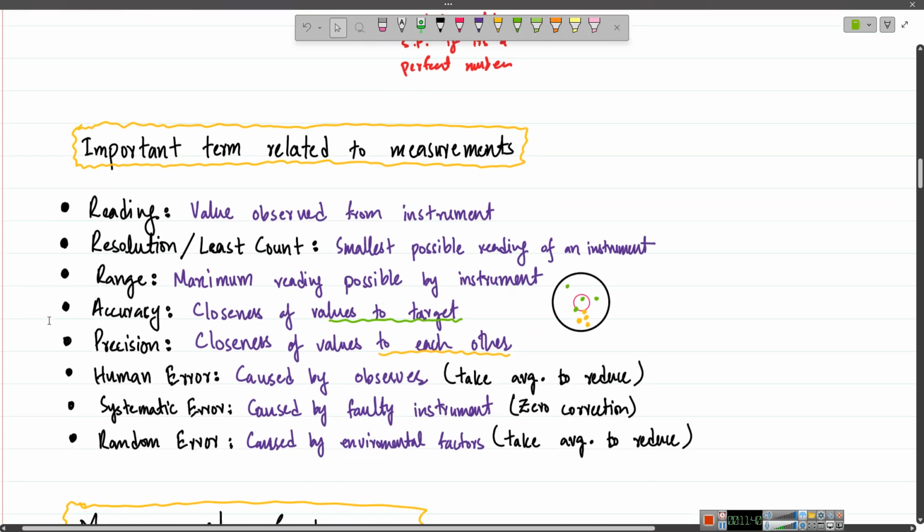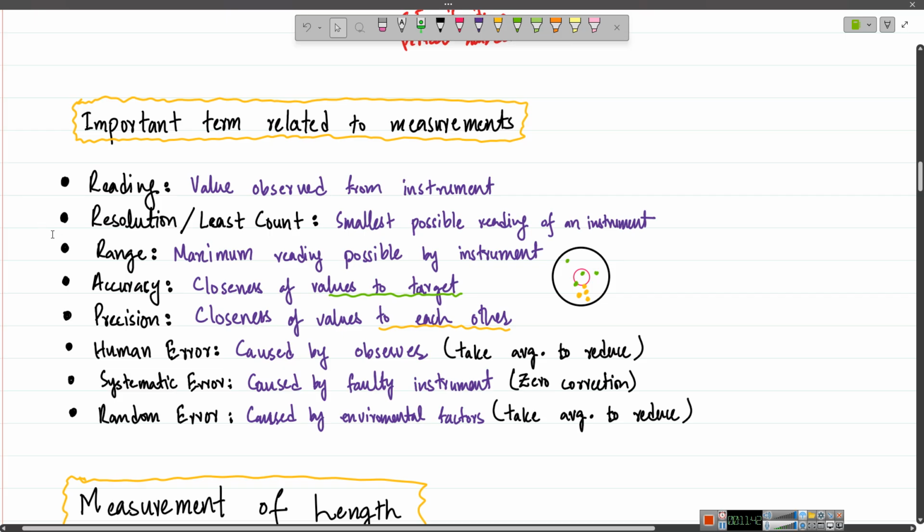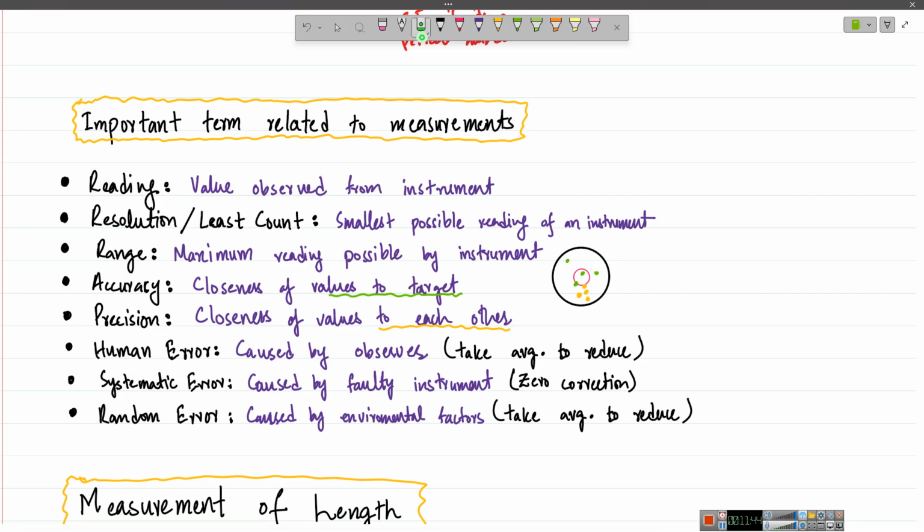I'm going to move on to discuss a few important terms which are used in the questions that are not explained very well, right? So over here we have important terms related to measurements. We have readings, right? What is a reading? It is the value that has been observed from the instrument, the value that we note down from an instrument, right? Then we have resolution. Resolution is the least count.